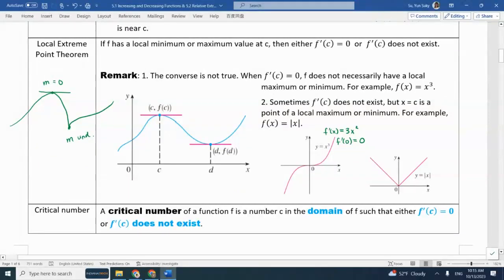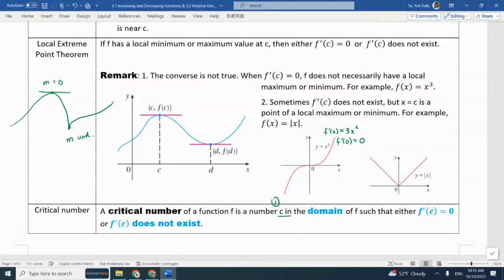Next, critical points. We talk about a lot of definitions, and then we work on examples. A critical point is a number c in the domain such that either the derivative is 0 or the derivative does not exist. So there are 3 things you need to remember.